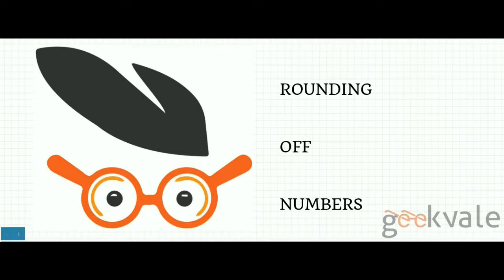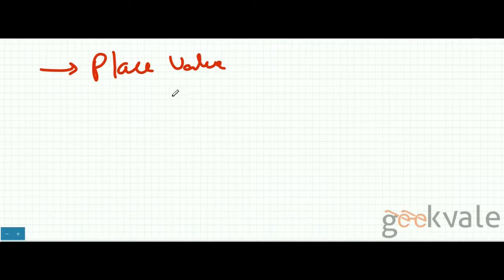Just two things that you need to do rounding off numbers properly. First of all, you must know place value. You must have a good understanding about place value. If you don't know place value, you cannot round off numbers properly.